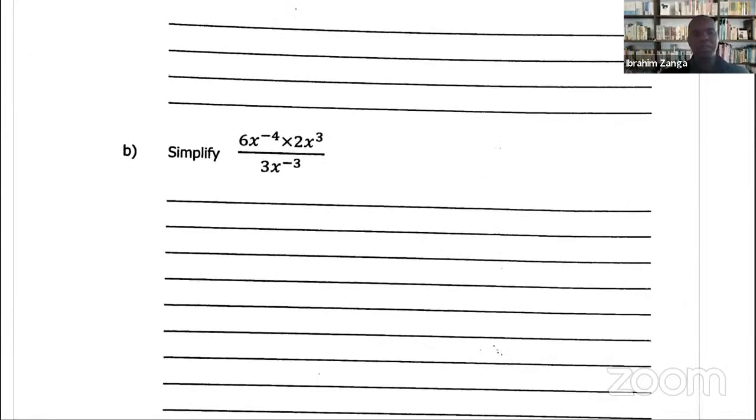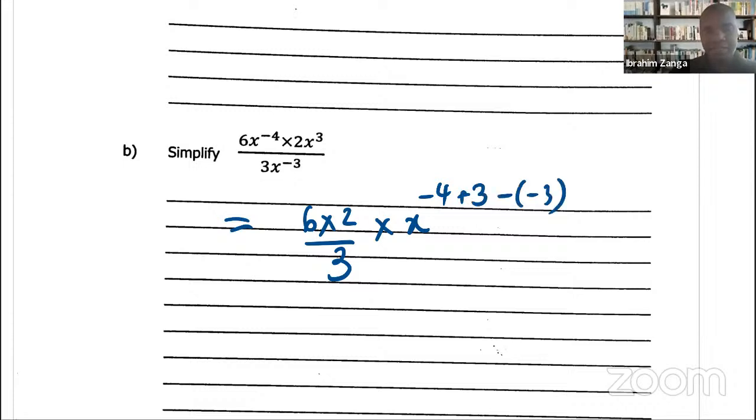We continue, simplify. So this is an exponents question. Simplify, and we are going to combine like terms. So you're going to take 6 times 2 over 3 times x power negative 4 plus 3 minus negative 3.